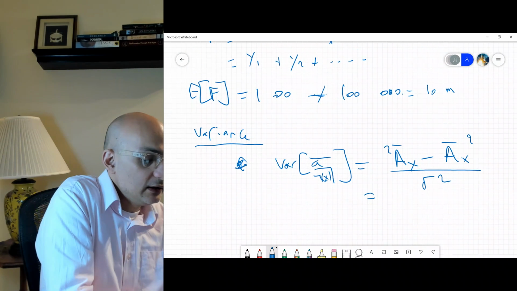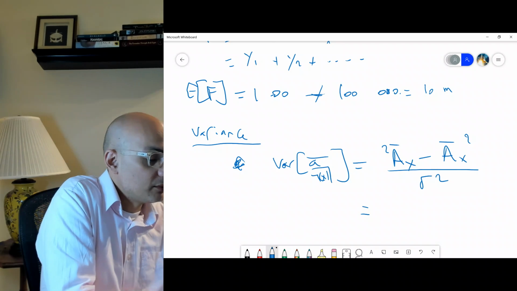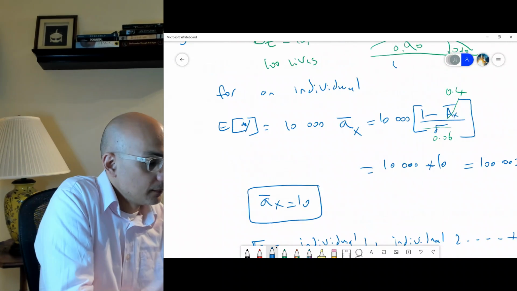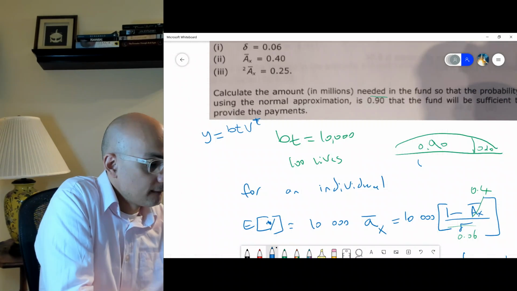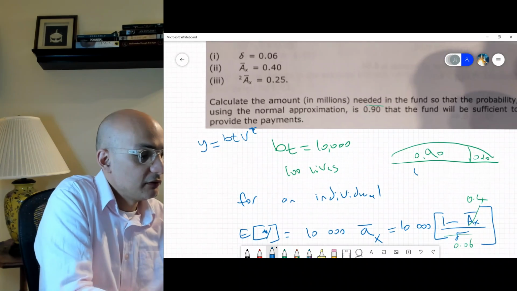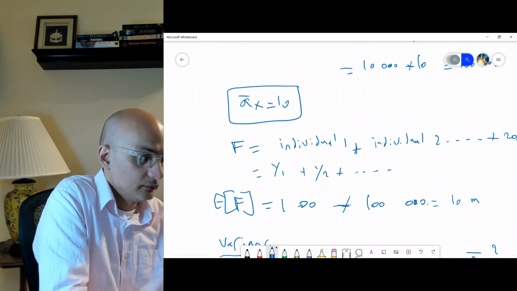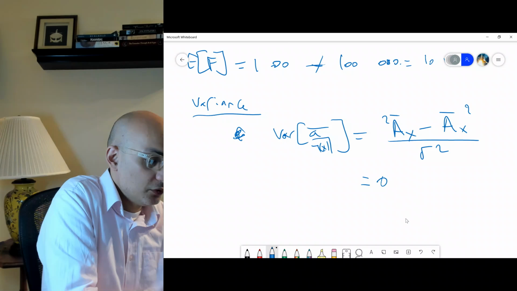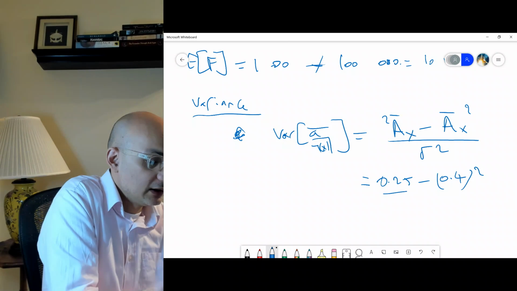So now ATX is given to us by the question. It's 0.25. 0.25 minus 0.4 squared divided by 0.06.